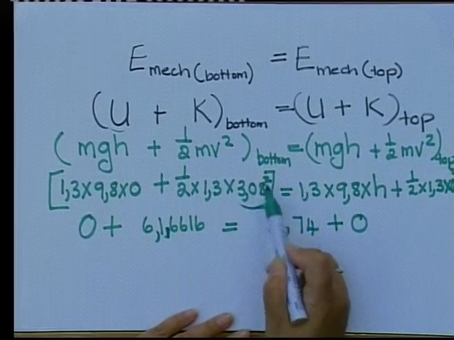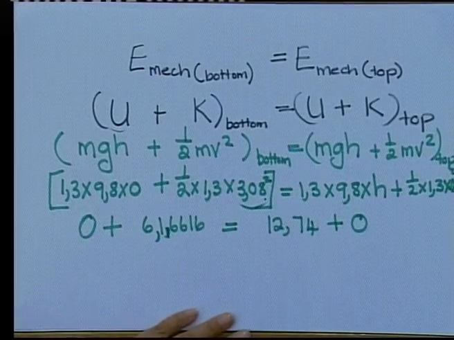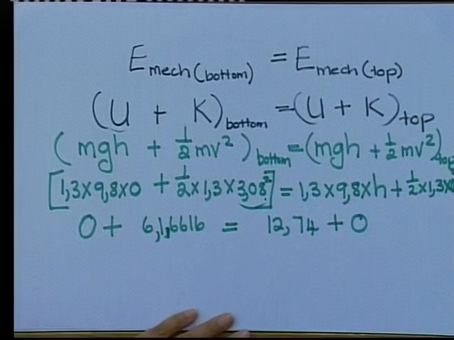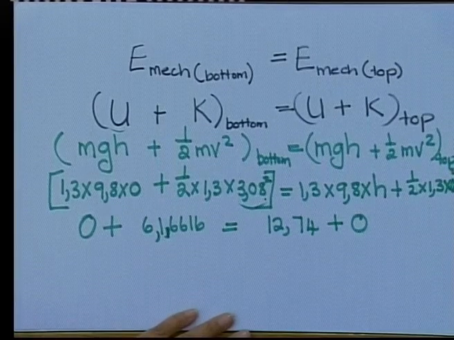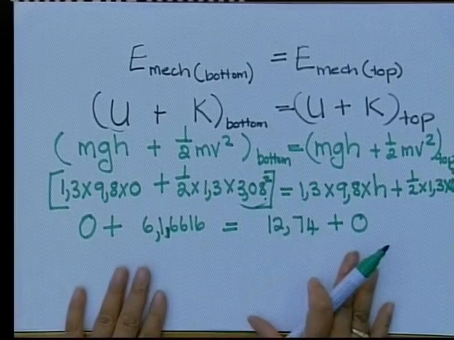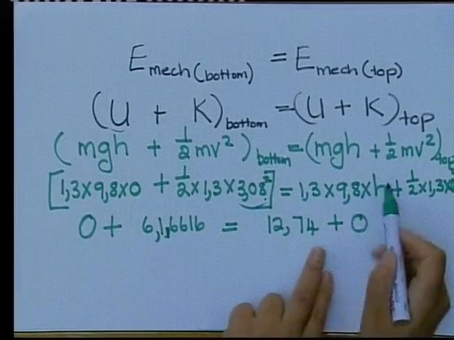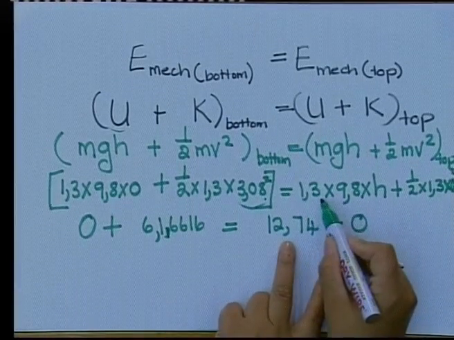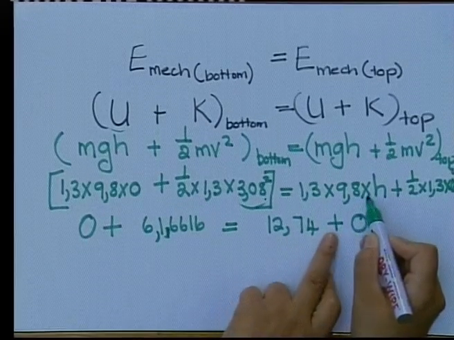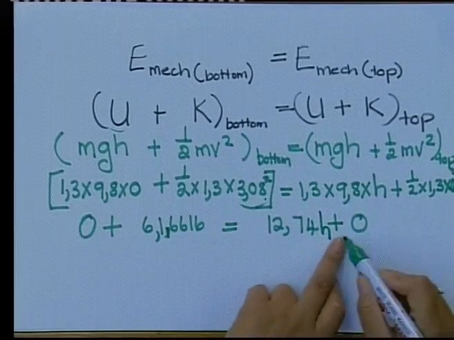Remember this 3,08 we got in the previous question of 3.9.1. Right, so now we have to calculate. Remember we've got 1,3 times 9,8 times h plus naught.